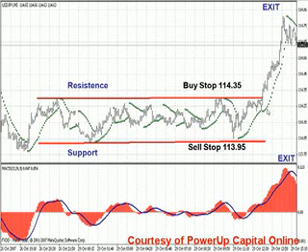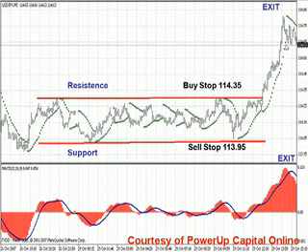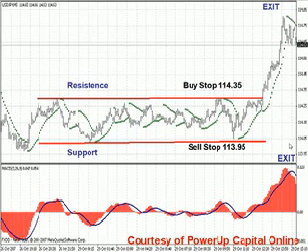So you wait for the parabolic, which is these green dots, to go from below to above, and similarly the MACD, there's a crossover on the top above the zero line. So when the parabolic goes above, and there's a MACD crossover on the top, at that point, you're going to exit.